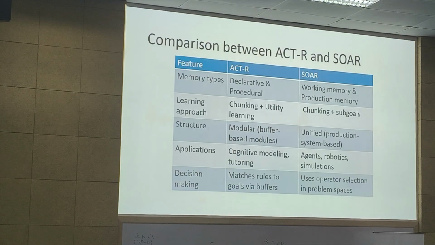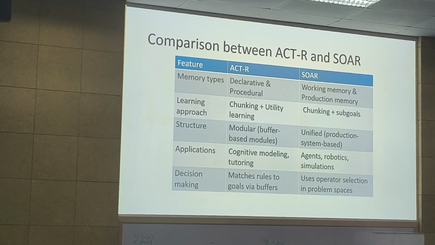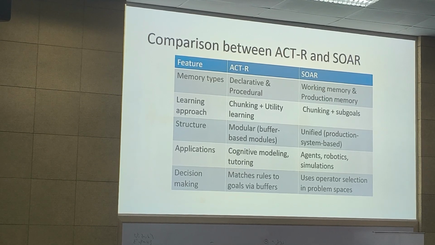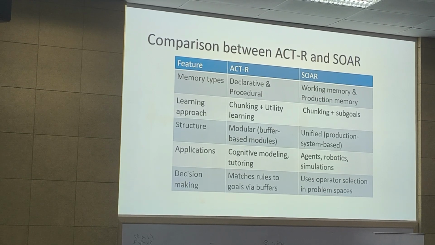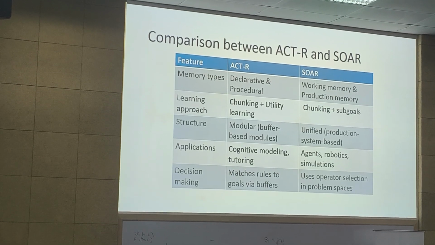Some of the model comparison that we've got is in terms of their memory types, what they're actually used for, how learning actually happens for each type of model, what kinds of structure they apply, what kinds of applications they have been applied in, and finally what kinds of decisions they can make.